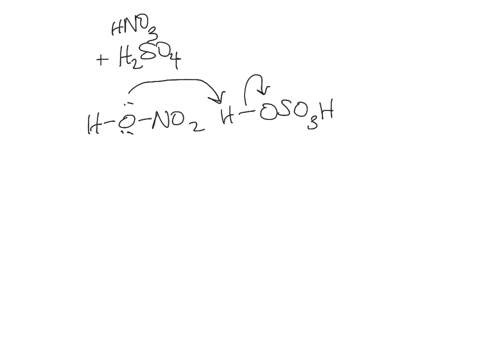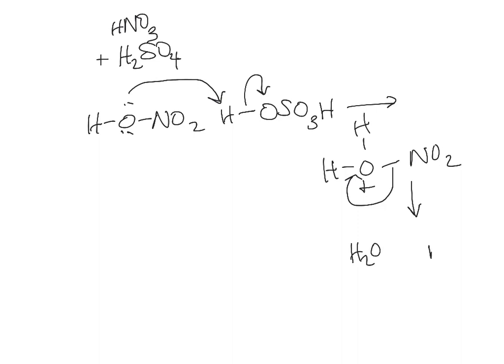So now we have a good leaving group. This water can leave as a leaving group, and your NO2 is left. And so from this step you have water, and you have NO2 plus, which is an electrophile. That can add to the ring, just like our electrophile added with our halogens to the ring.